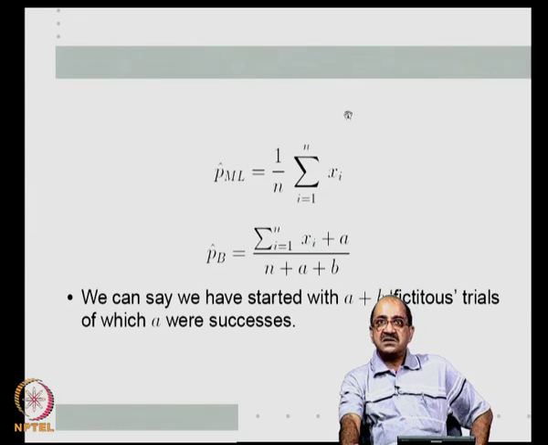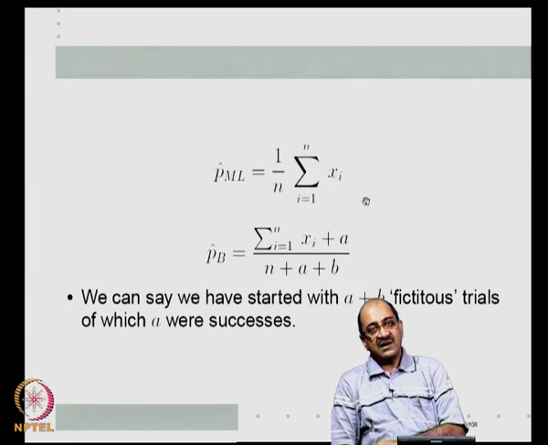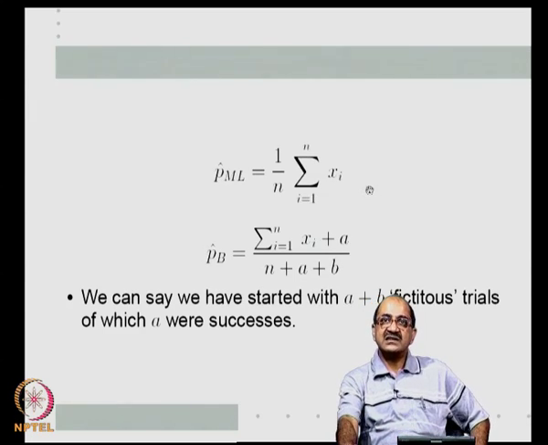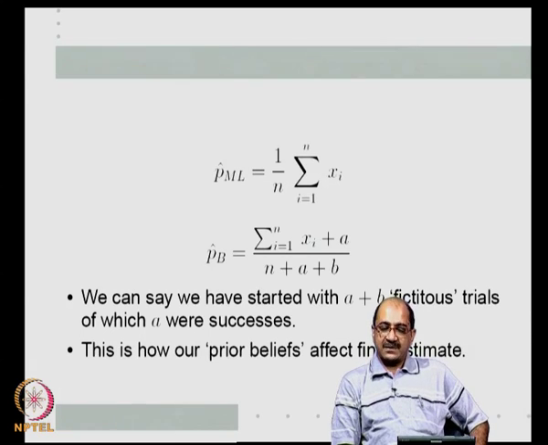In the ML estimate, I have to estimate the parameter as 1, but in the Bayesian estimate, depending on my prior, until there is overwhelming evidence, a few lucky runs will not throw my estimate away. That is essentially how the prior affects my final estimate.